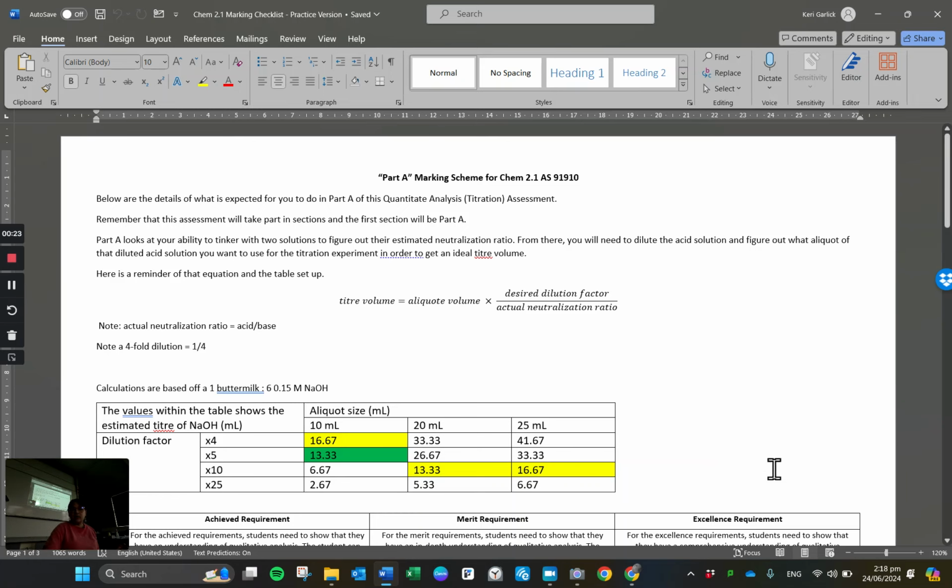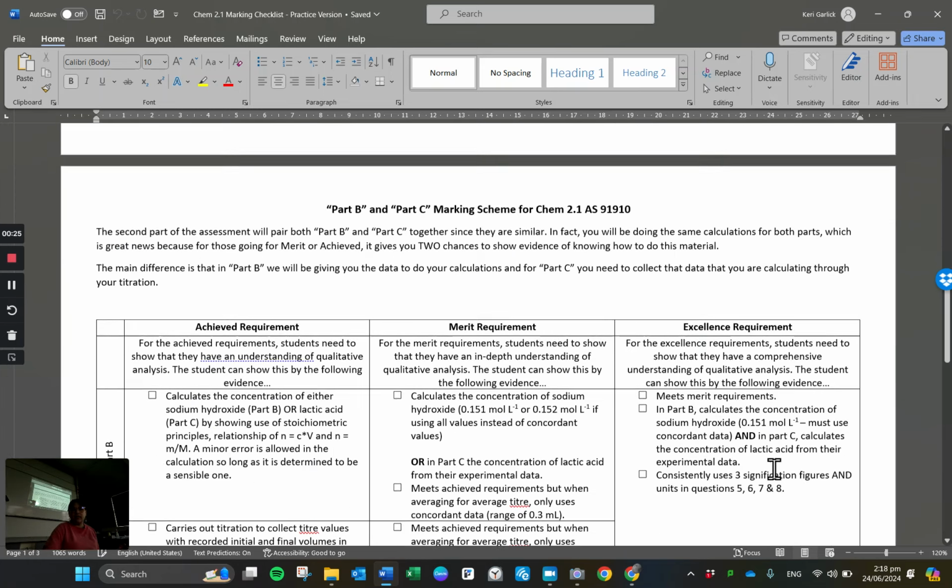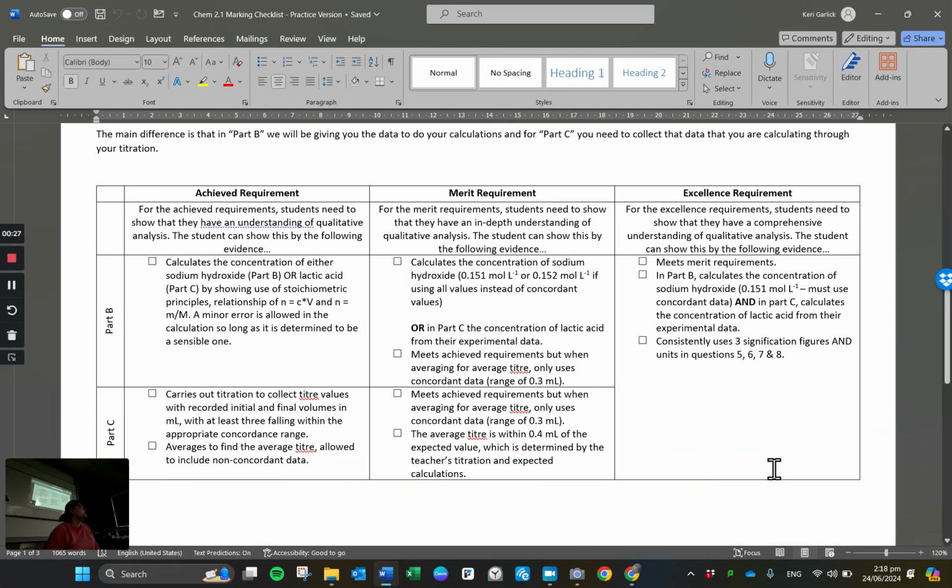Before I go into the actual question itself, I just want to point out what the Achieve, Merit, and Excellence criteria are, just so you guys are aware of what we're doing. And like I said, Part B and C are combined together when it comes to the marking schedule. So you have two chances for the merit.